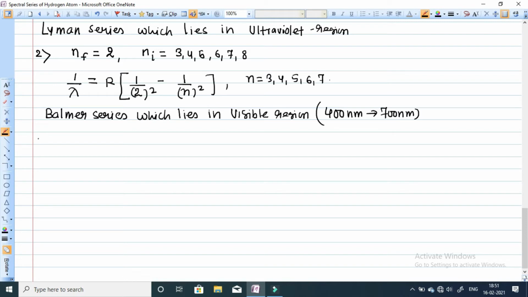Now I am taking the second excited state, meaning finally the electron is jumping to, suppose, the second excited state.